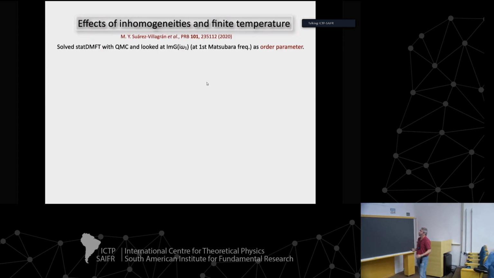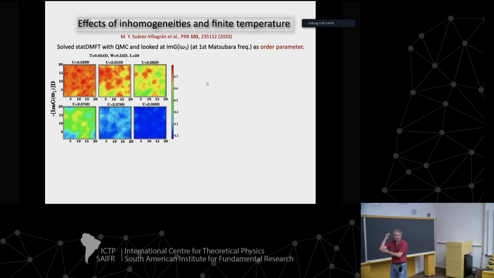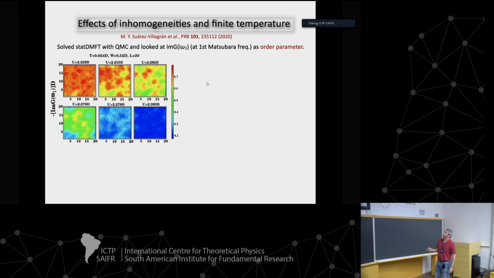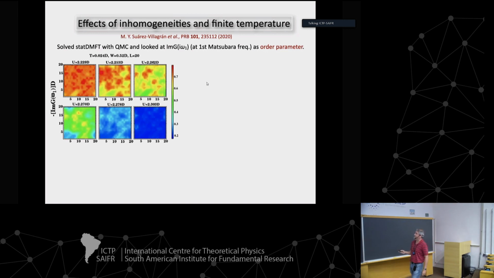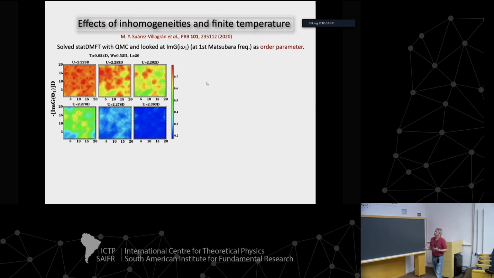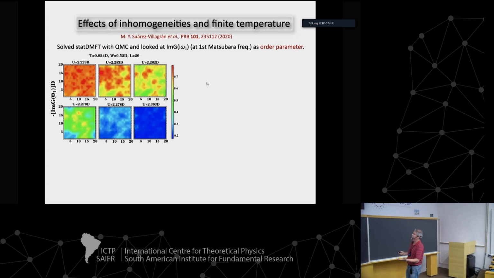In the first work that we did, we used quantum Monte Carlo to solve the impurity problem. You can see here the spatial profile of this. This is a two-dimensional model. The quantum Monte Carlo is solved on the imaginary axis. So the easiest way to characterize the behavior as being metallic or insulating is to look at the imaginary part of the Green's function.